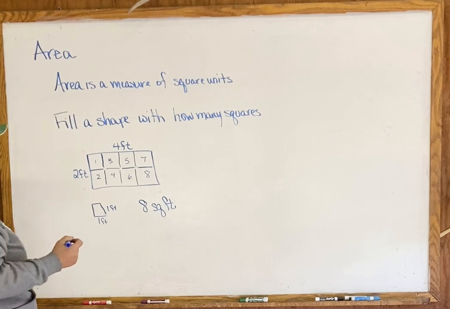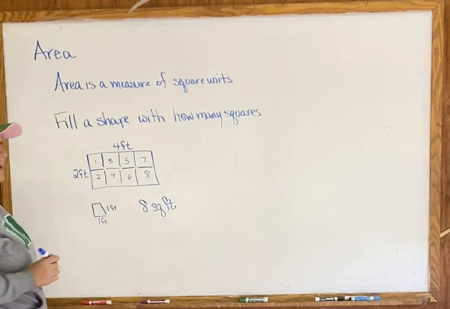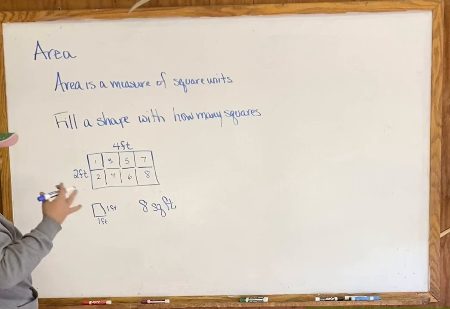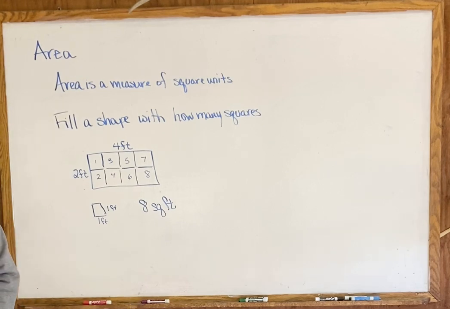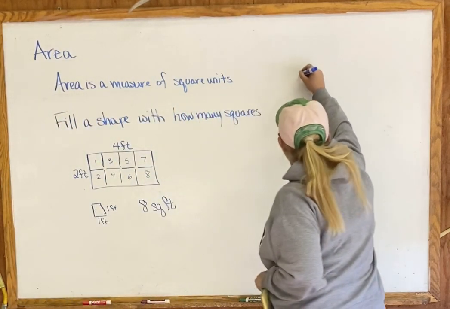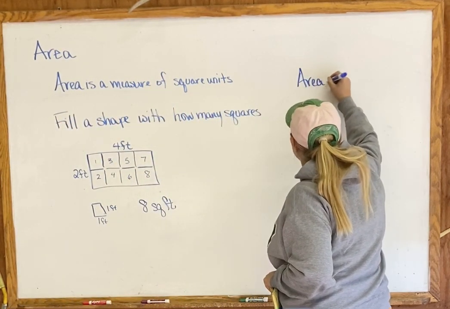Now the thing to notice is if you look at it and think about it as length and width, in order to find that 8 square feet, could we have just taken 2 and multiplied it by 4? So we end up with some formulas for finding this. That's our first formula, the area of a rectangle.